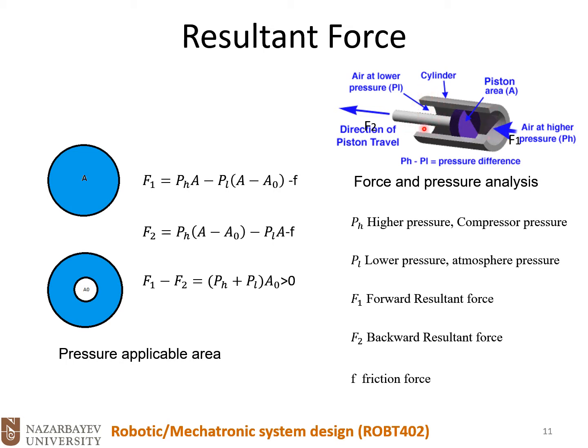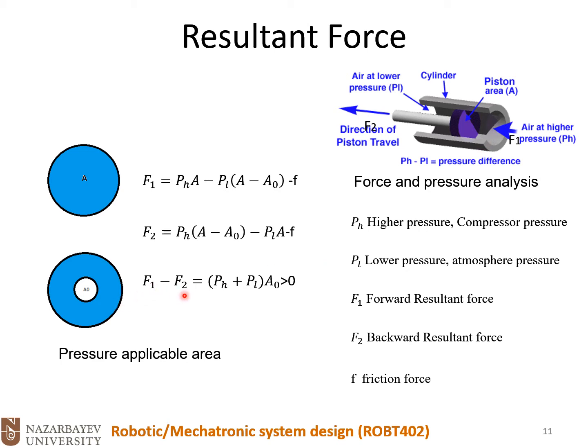So we have a high pressure on this side and a low pressure on this side. The force in this case will be equal to PH multiplied by the applicable area, which is A minus A0, minus PL multiplied by A, minus friction. Let's assume we have equal friction in both directions, both courses of movement, forward and backward.